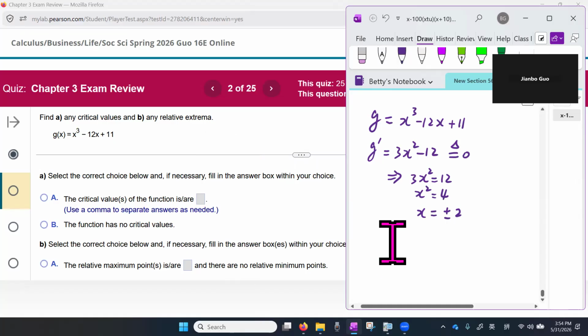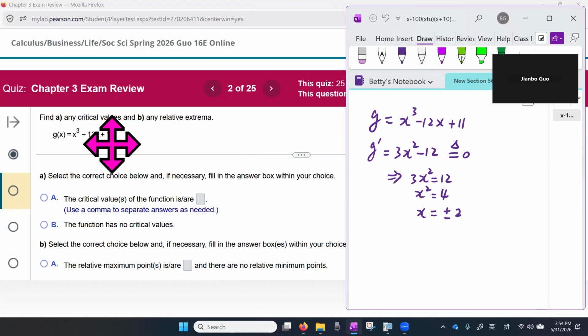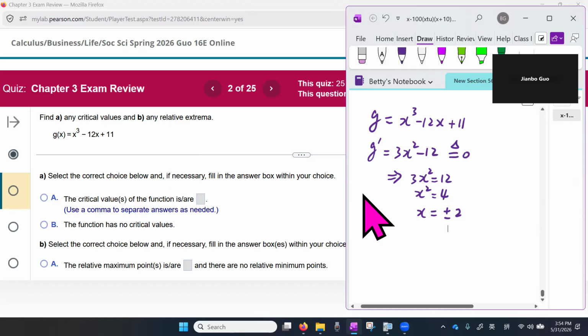So the function does have critical values. Function g is a polynomial function. Just to remember, a polynomial function is continuous from negative infinity to positive infinity, and differentiable from negative infinity to positive infinity. So it has two critical values at -2 and +2.